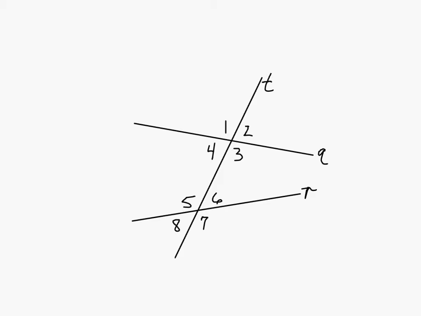Now we're going to list a bunch of pairs of angles that are formed by this transversal T and lines Q and R. So let's start off with interior angles.